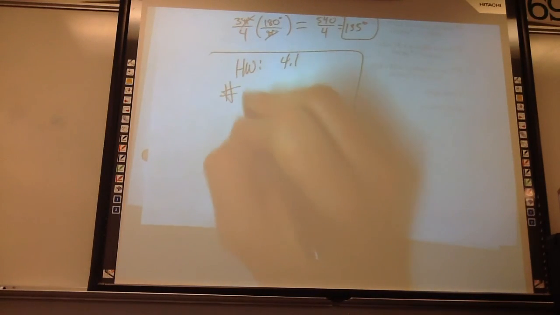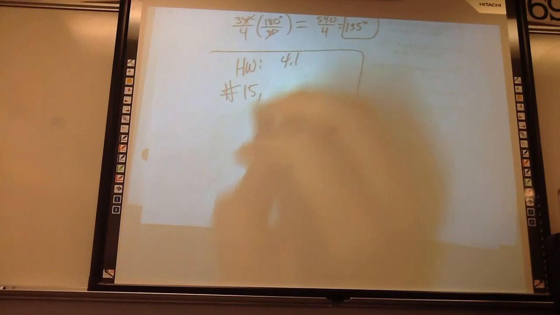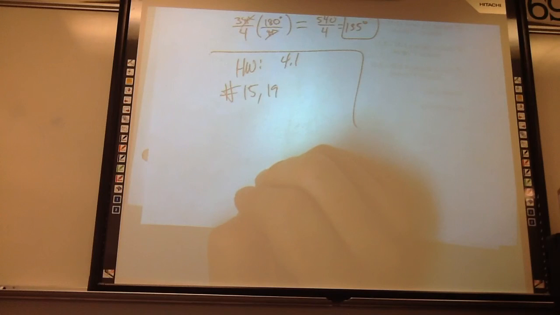Let's do number 15. You know about quadrants, right? Okay, good. We can skip all those. I don't want to give you too much because then you won't do it. We're not doing anything in degrees.